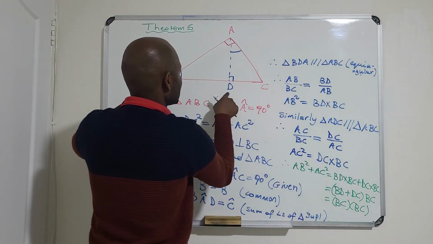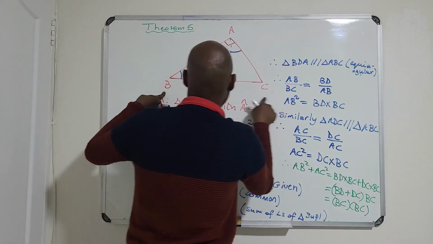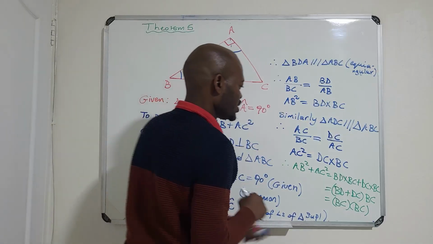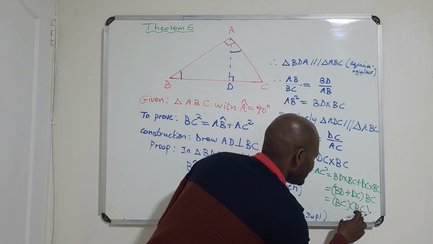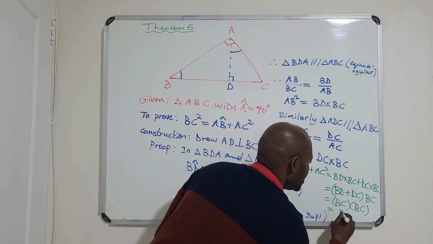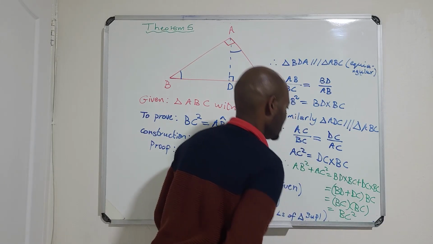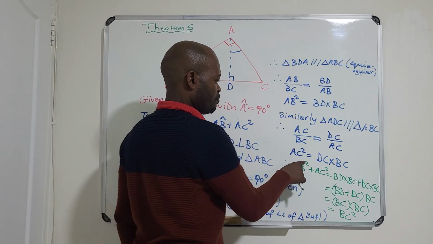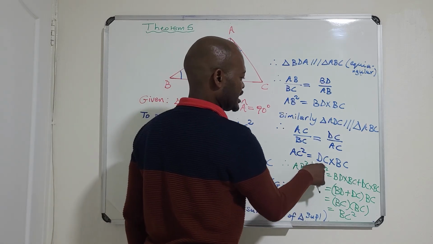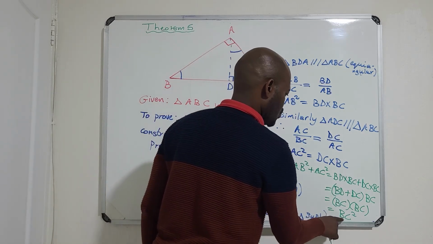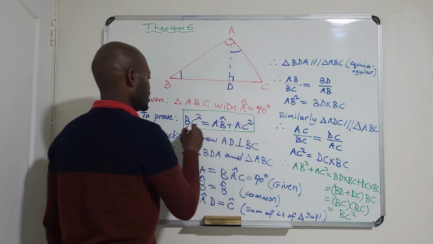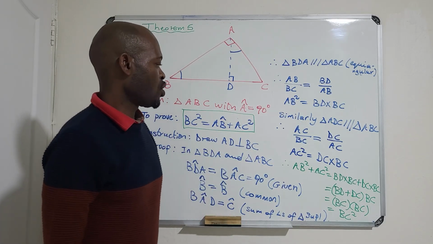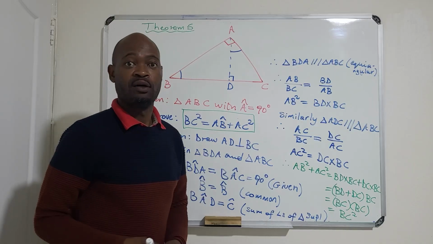Because when I add this plus this, I get the whole length. That is why it is BC, this part. Therefore, BC times BC, it is BC squared. Therefore, AB squared plus AC squared is equals to BC squared, which is what we were supposed to prove by Pythagoras Theorem.